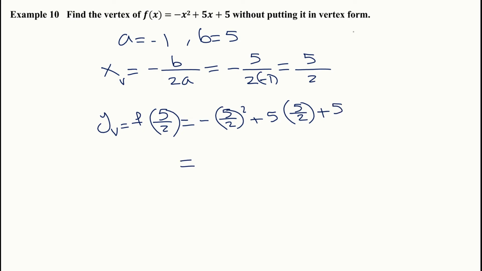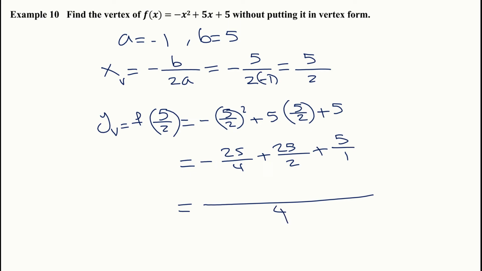Okay, so we get -25/4. That negative is not being squared, so make sure that you don't turn it into a positive for no reason. And we get plus 25/2 plus 5/1, right? So the LCD is 4.